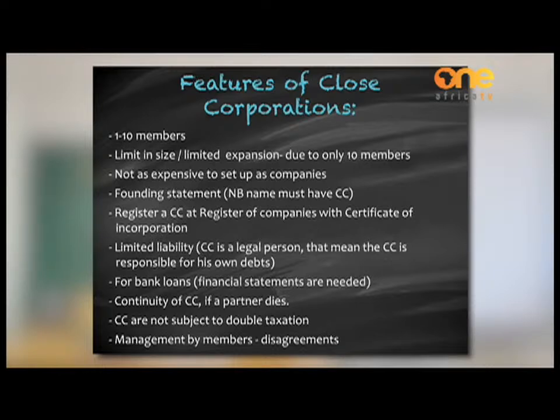What that means, that legal person is responsible for their own debts. So why do we say the feature of a closed corporation is limited liability? All these members, that are owners of the closed corporation, are not responsible for the debts of the closed corporation. The closed corporation, which is a legal person, is responsible for its own debts. It's very important that you understand what this limited liability means.